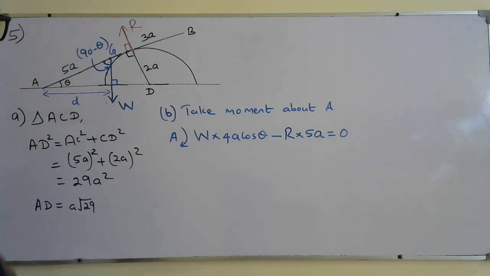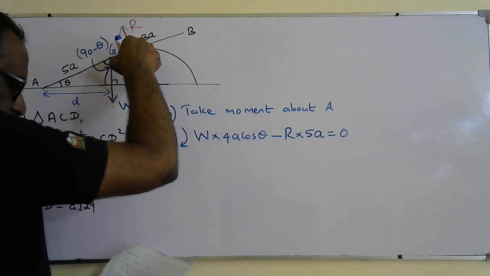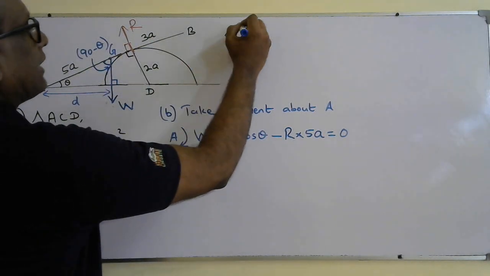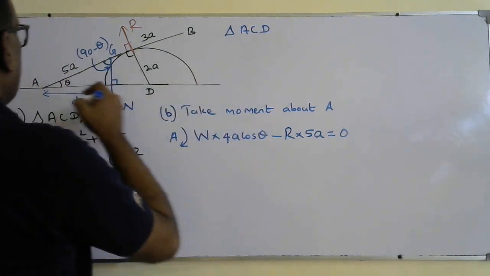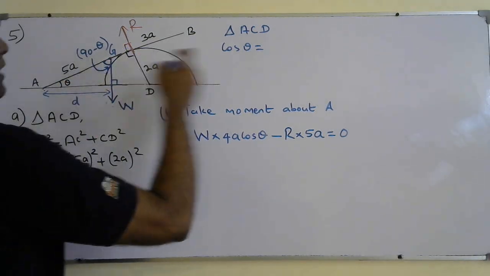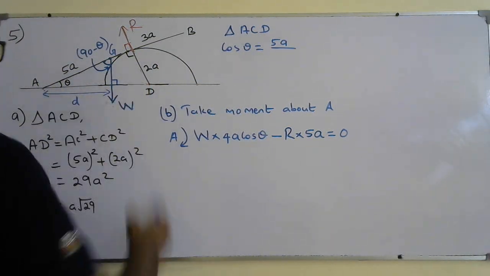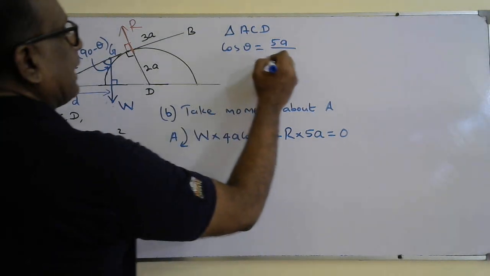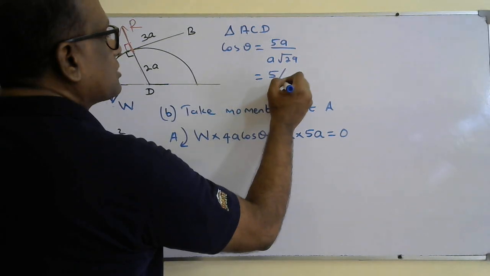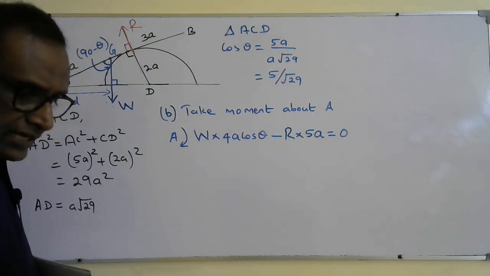Okay, so what is cos theta? If you consider this right angle triangle, this point is named as C, the triangle ACD, cos theta is equal to 5A over AD. AD we found in the first part, that is A square root of 29. A and A get cancelled, so 5 over square root of 29 is the cos theta. So we'll substitute these values here.